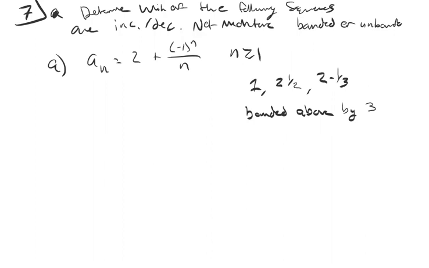We're saying that the sequence does not exceed 3, ever. And similarly, the sequence does not go below 0. So it's bounded below by 0, okay? These bounds don't have to be perfect. They just need to exist, okay?